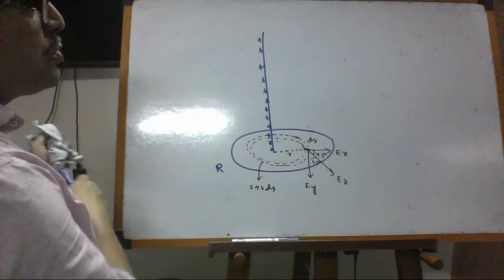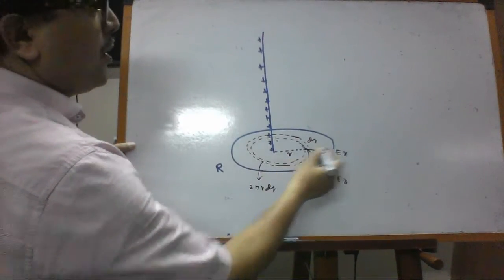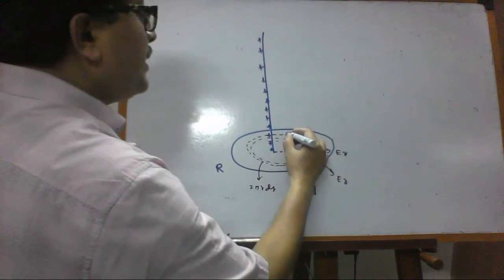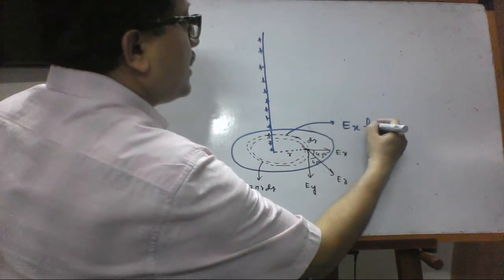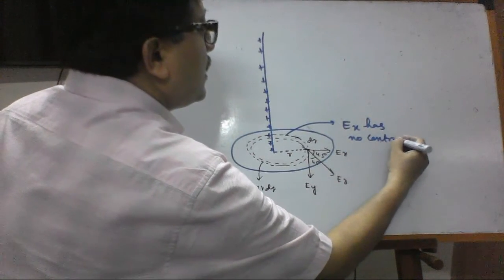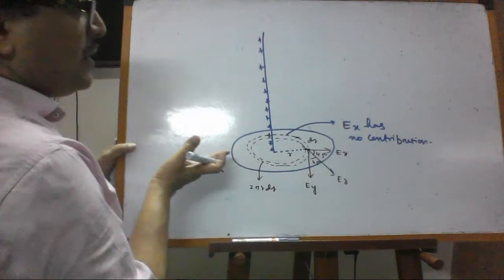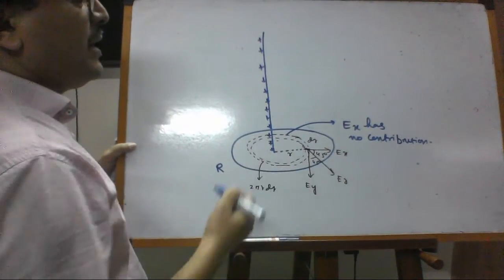So the flux through this small area will not be due to Ex. Ex has no contribution. Why? Because it is going parallel to the circle area. Only Ey matters.